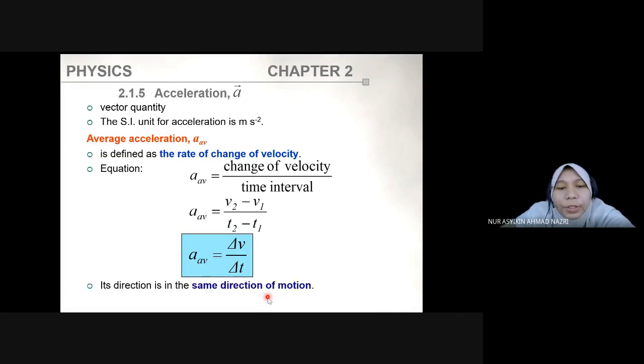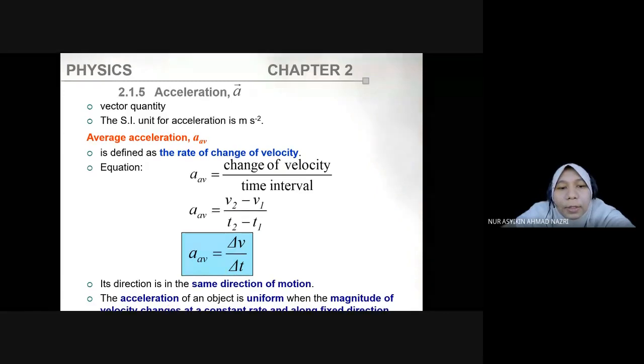So its direction is in the same direction of motion. Why? Because again, delta T is your scalar. So your acceleration, your direction akan sama macam yang you apply pada delta V motion lah.